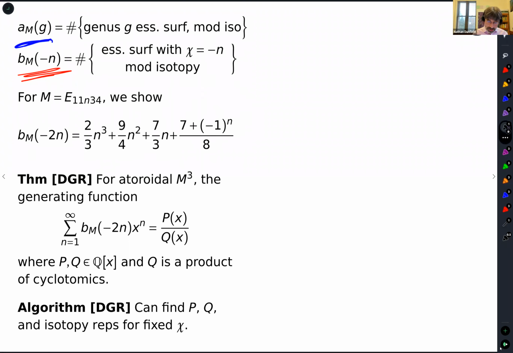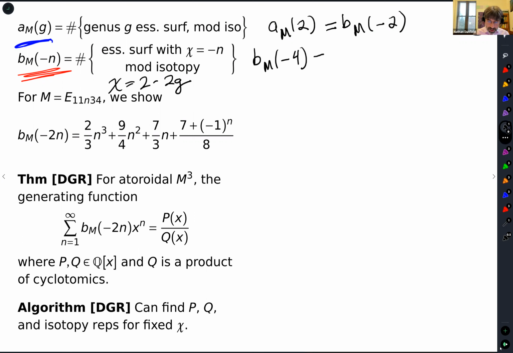In particular, Am of 2, the number of surfaces of genus 2, is actually the same as Bm of minus 2, since of course Euler characteristic is 2 minus 2g for our surface. On the other hand, if I look at, say, Bm of minus 4, one way we could have a surface of Euler characteristic minus 4 is a surface of genus 3.